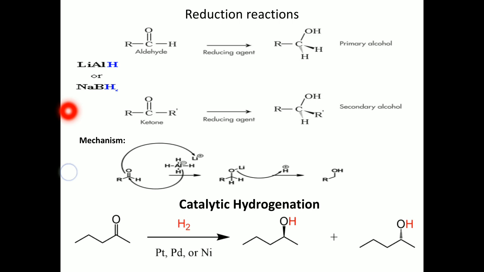Whether you reduce a ketone in the presence of the same lithium aluminum hydride and sodium borohydride, a secondary alcohol can be produced. The same thing happened as in the case of aldehyde, but here the alcohol produced is a secondary alcohol. This is the reduction of ketone.